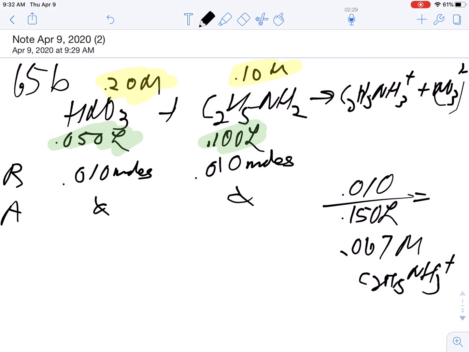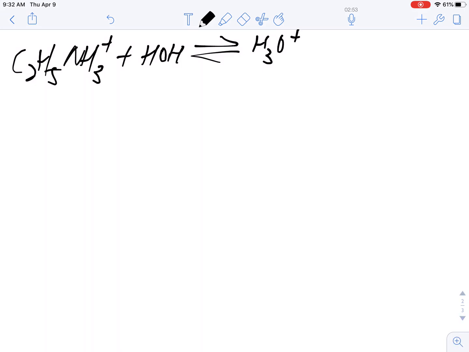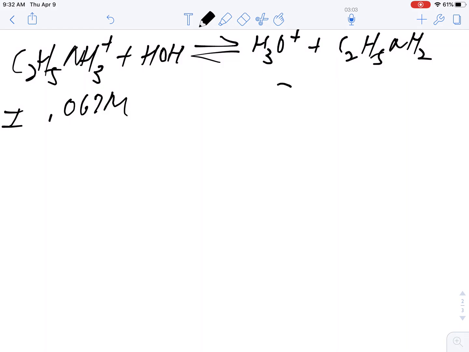At the equivalence point, we have to do an ICE table. So this guy is going to do the following. So I've got 0.067 molar of this, 0 of this, 0 of this.